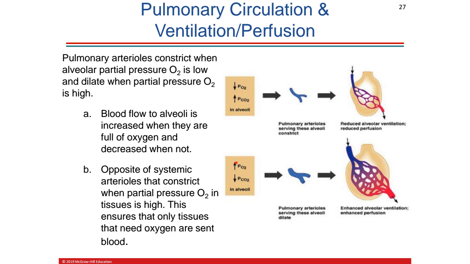So an increase in oxygenation status leads to an increase in vasodilation. Now we're sending a lot more blood to this alveolus, and that's a good thing because it's receiving a lot of oxygen from the atmosphere. So it's being well ventilated, and now we can pick up that oxygen and bring it into the blood. Again, this is exactly the opposite of what happens within systemic arterioles.